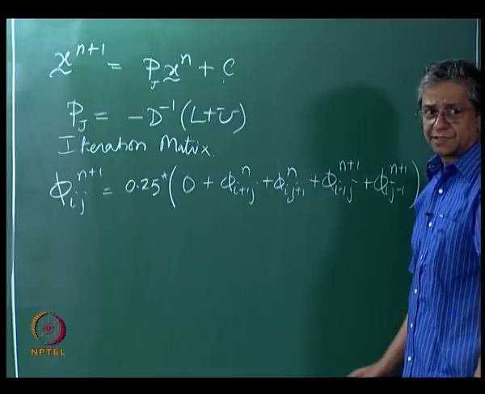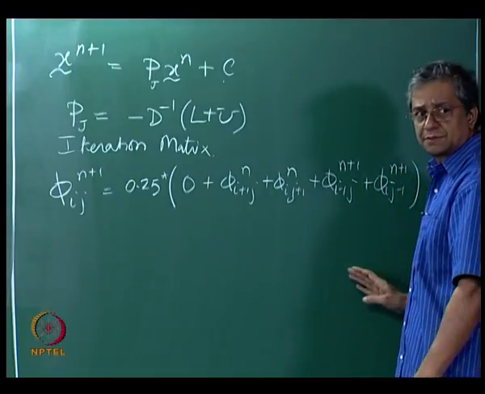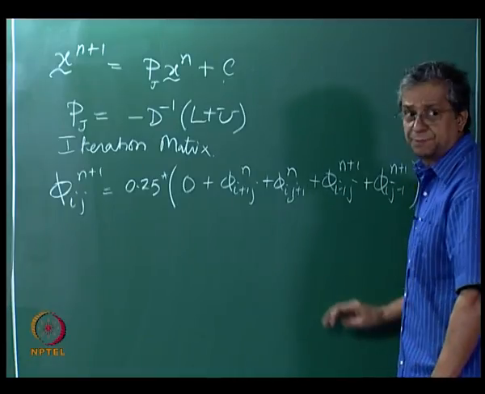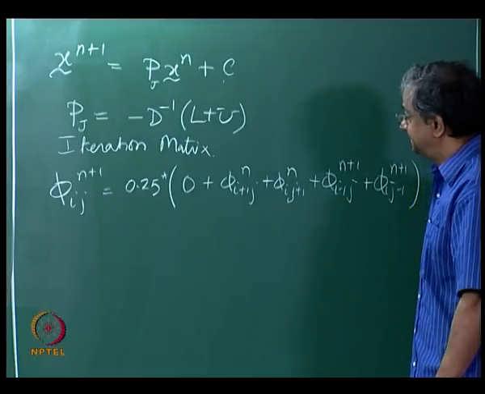This is of course assuming that I am going from the lower left hand corner, left to right, bottom to top. There is an implicit assumption on the sweep direction.